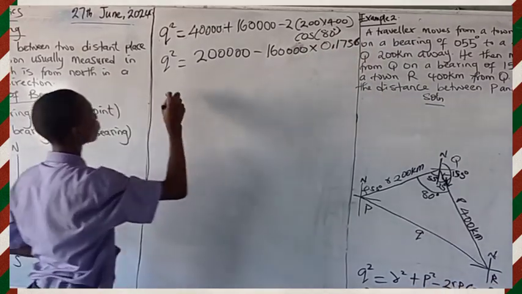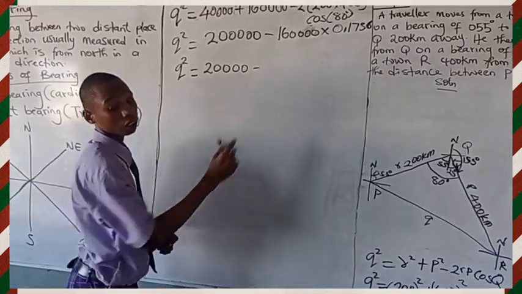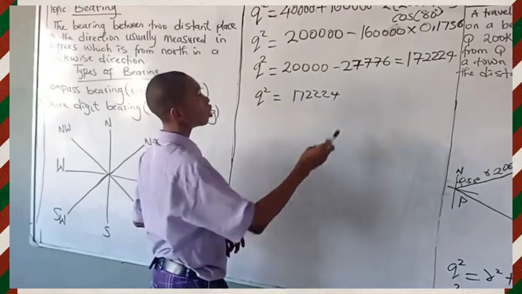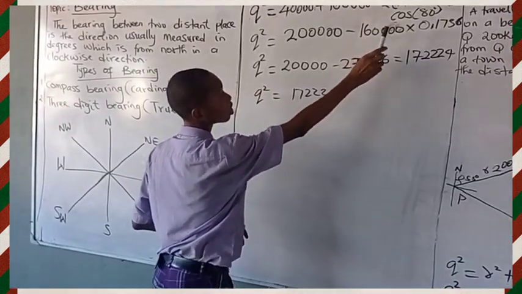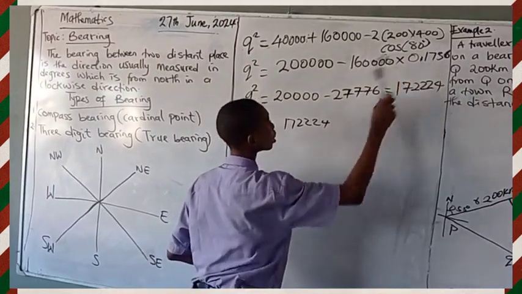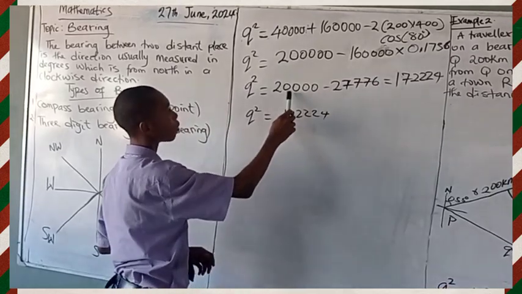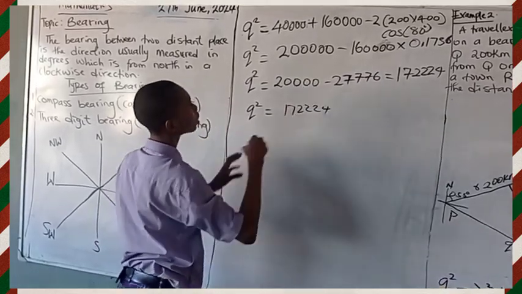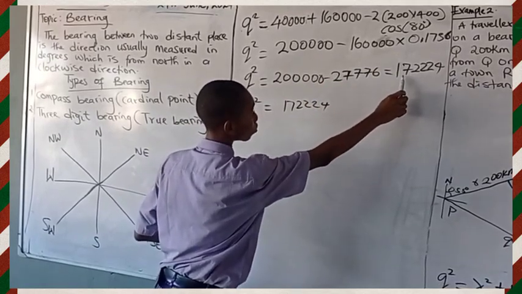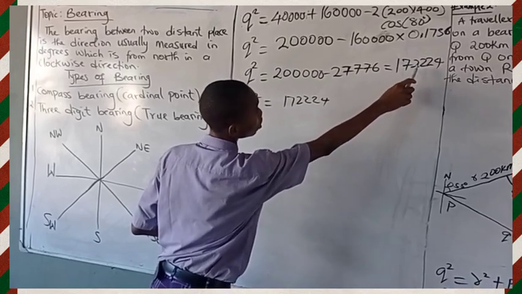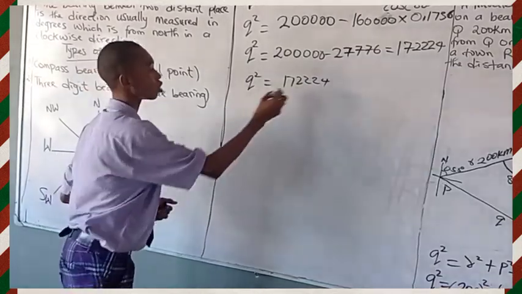Going to the next step, 160,000 times 0.1736 is 27,776. Now subtracting that from 200,000 will give you 172,224. Now q square is simply equal to this.